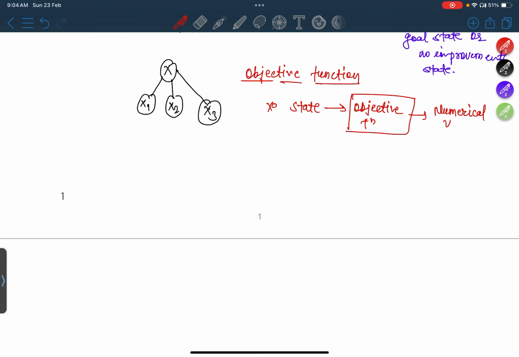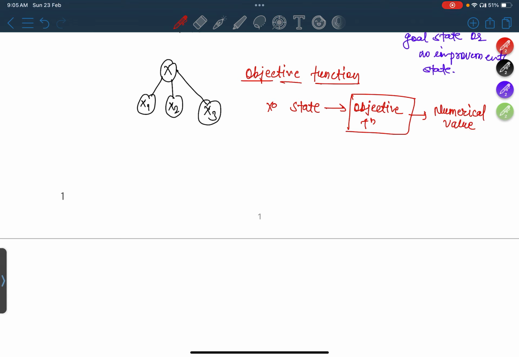So this objective function is just like our heuristic function. Remember, we studied the heuristic function when we were discussing informed search algorithms. What was the heuristic function? Given a state, it used to tell us how far it is from the goal, right? This is just like that only.